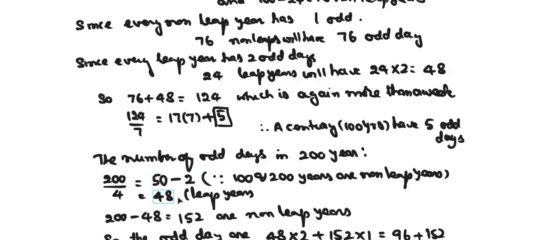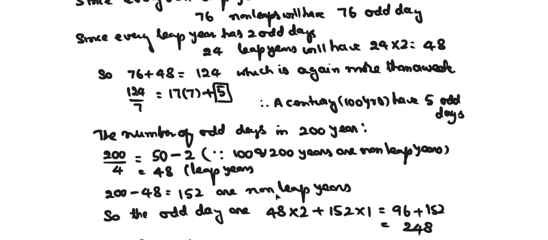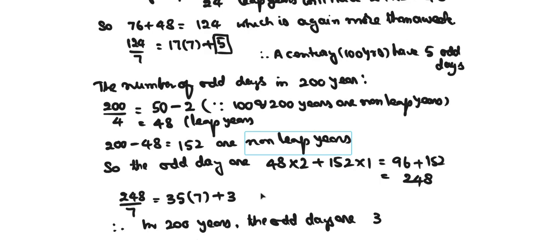I'll get 48 leap years. So therefore, the remaining years are 152, which are non-leap years. So the odd number of days in 200 years is equal to 48 into 2 plus 152 into 1, that is equal to 248 odd days.